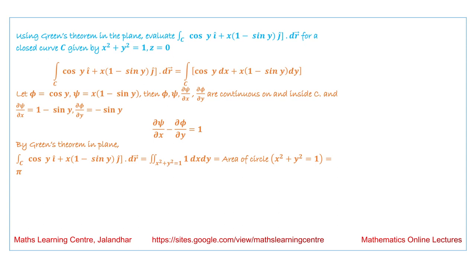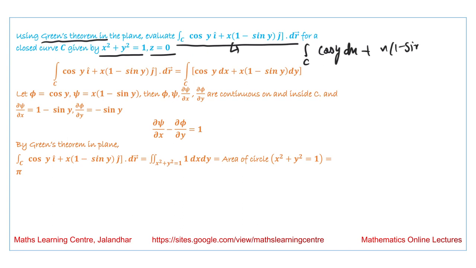Next we have is using Green's theorem in the plane, we have to evaluate the value of this term for a closed curve C given by x square plus y square is equal to 1 and z is equal to 0. So this integral we can write it is integration over C cos y dx plus x into 1 minus sin y into dy.